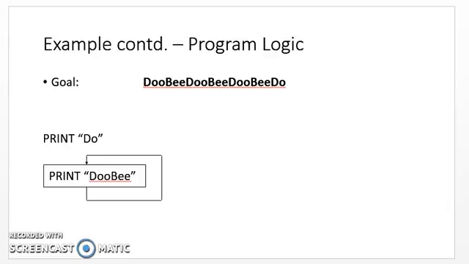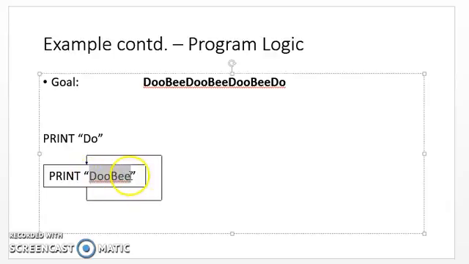So here we have to basically print a single statement which prints do, as well as we have to repeat this do, be for n number of times. And for this, let us write a program. Let us try to develop a program.